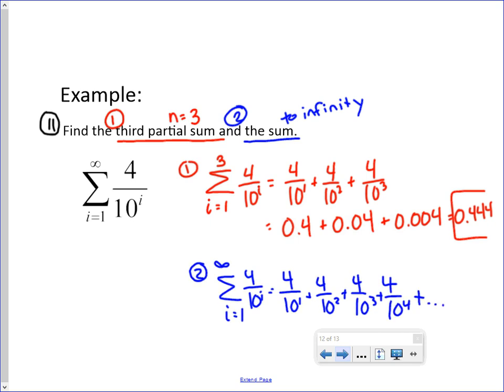I'm going to put a plus dot dot dot. What's that going to get close to? Or what's that going to be? Point 4 repeating. So our infinite sum is 0.4 repeating. Thank you. And I'll accept the repeating here in sequence and series.